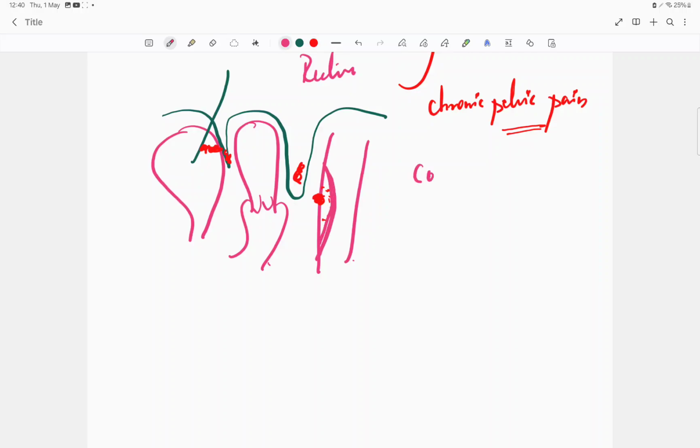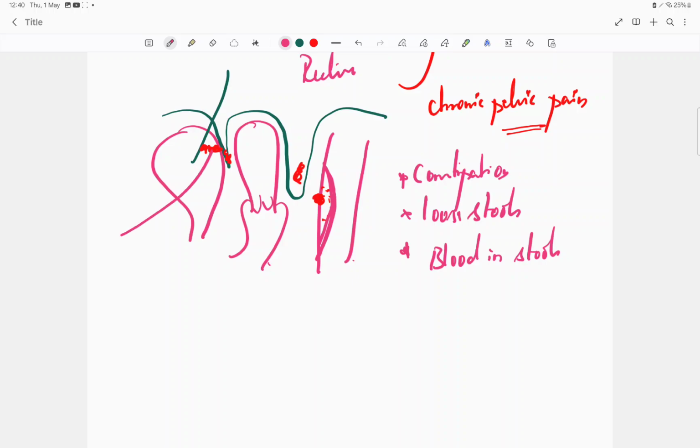So they'll have constipation because of this inflammation. Sometimes they'll have loose stools, sometimes it will bleed, so they'll have blood in stools, and they'll have hematuria. All these conditions can be seen.